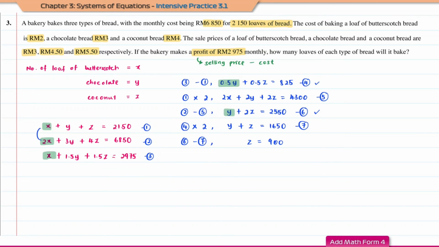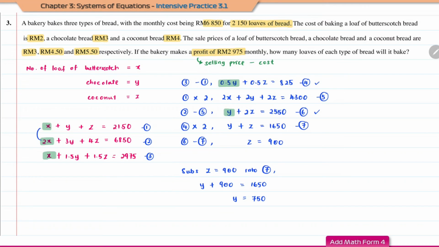So next, I'm going to substitute the z, which is equal to 900, into equation 7, for example. So y plus 900 will be equal to 1,650. So y will be 1,650 minus 900, which is 750.